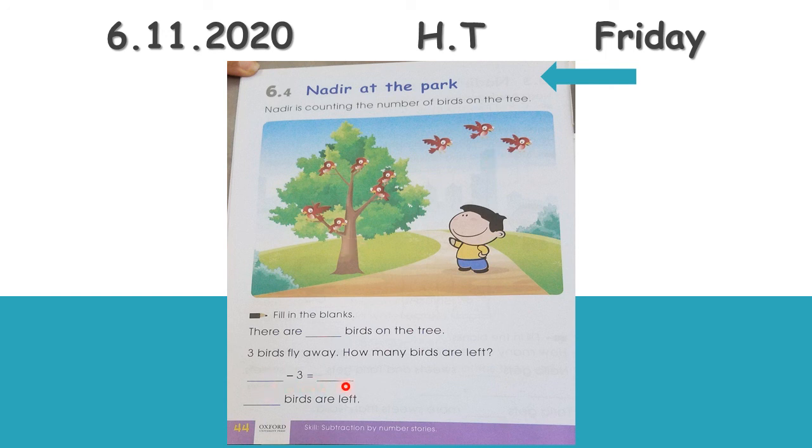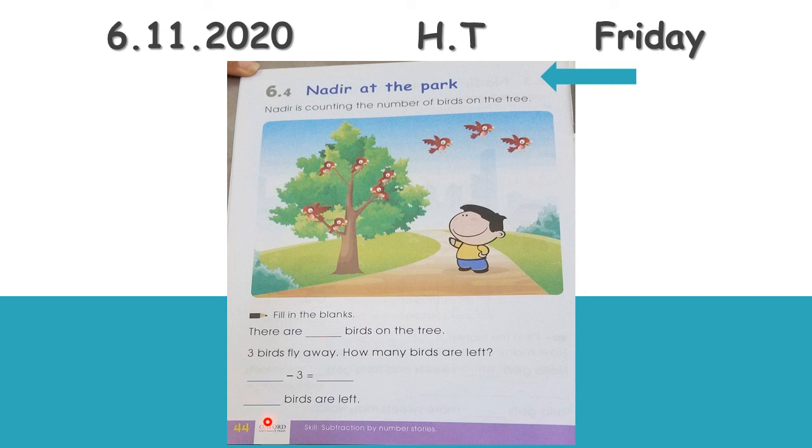How many are left? If you cross 3 birds here, 1, 2, 3, how many left? 1, 2, 3, 3 are left. So you will write here number 3. Your answer is 3. Write here 6 minus 3 is equal to 3. In the last blank you will write dash birds are left. 3 birds are left. Again you will write number 3 here.